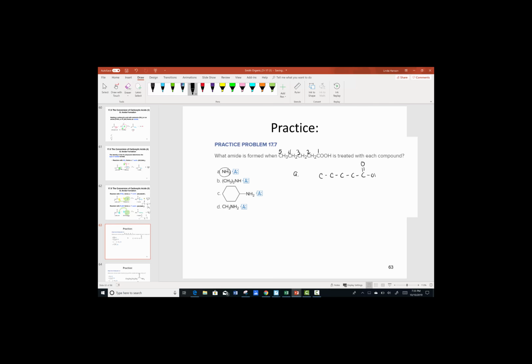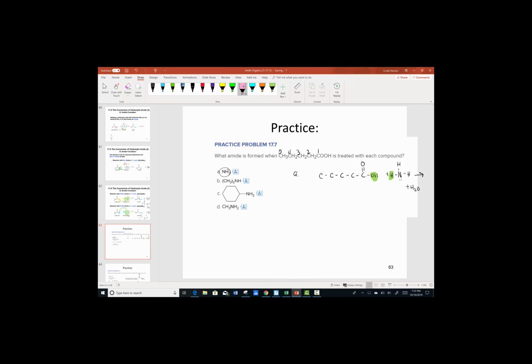Let's just keep in mind the process, just drawing it out for the visual. I'm going to break one nitrogen-hydrogen bond, and I'm going to make a water molecule from it. So I know that water always comes out.